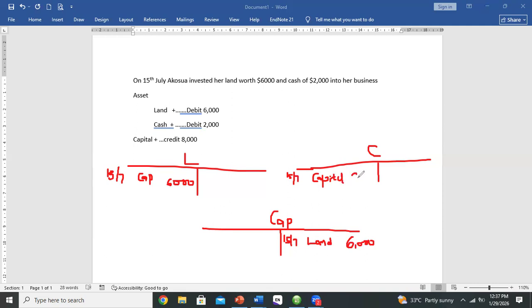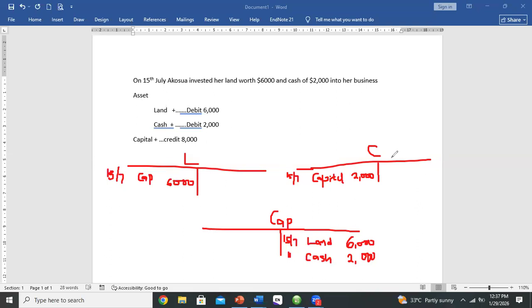The corresponding entry will be in the capital account, a credit of 2,000 in the name of what? Cash, by the same date. So cash, $2,000. So you now see why in the capital account the total figure will be 8,000, but in the cash, 2,000, and land, 6,000. So if you are recording in the account, this is how it's going to look.